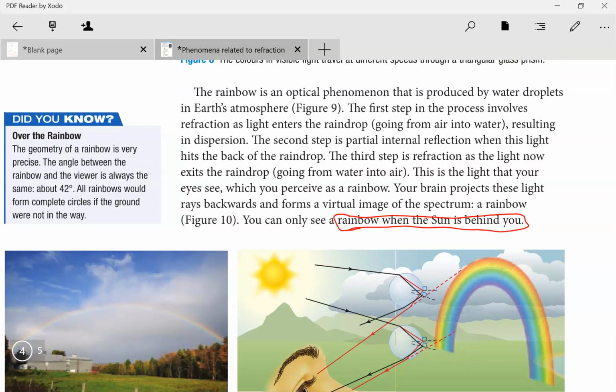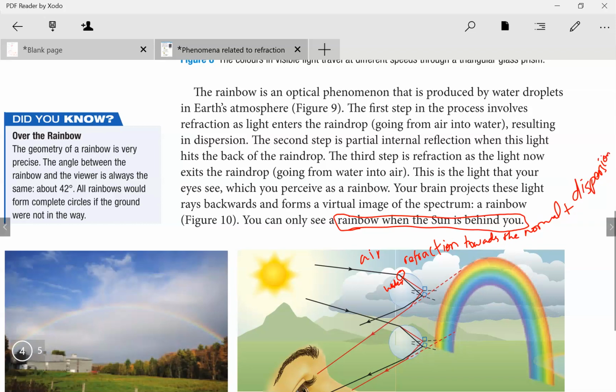Yes, the first step in a rainbow, there's 2 things that happen here. First, you have refraction, because light rays are going from air into the water droplet. Refraction is going from rarer to denser, towards the normal. But as this happens, you are also having dispersion of light.